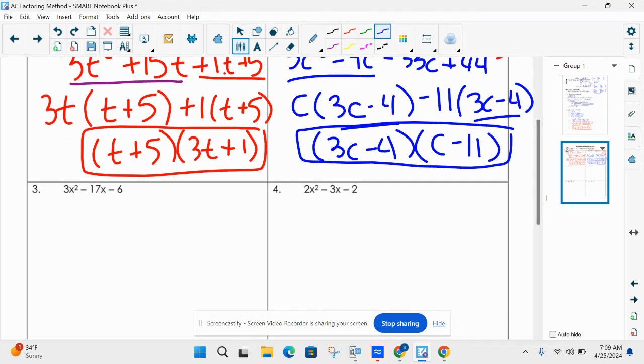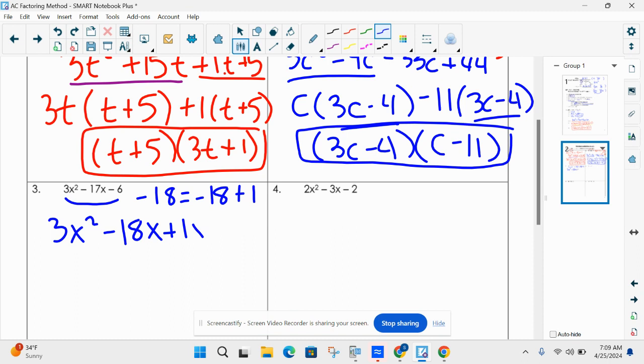For number 3, we'll do AC. That gives us negative 18. And negative 18 and 1 are factors of negative 18 that also add to negative 17x. So we'll use those two factors to break up the middle term. 3x squared minus 18x plus 1x minus 6.